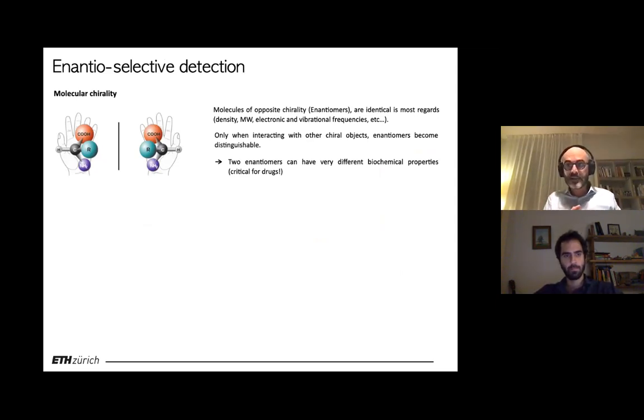What is critical is that for these chiral molecules, their biochemical properties strongly depend on the handedness of the molecule. I'm sure you heard terrible stories about drugs that had the wrong enantiomer and generated a lot of issues, because of course the bioactivity would be very different.